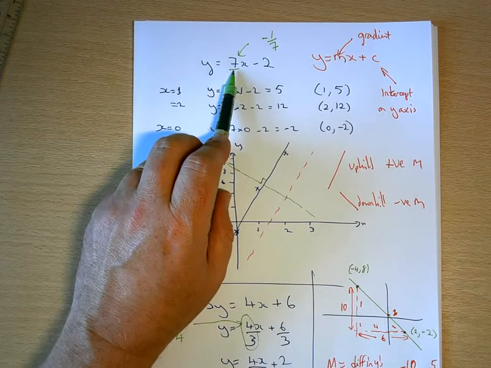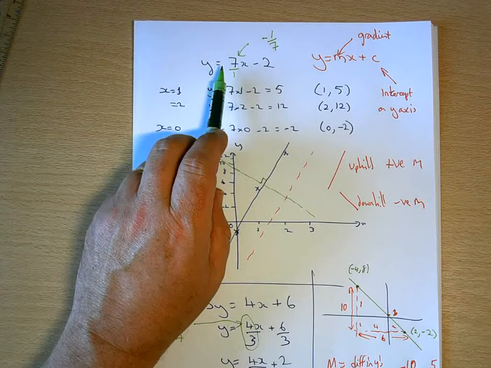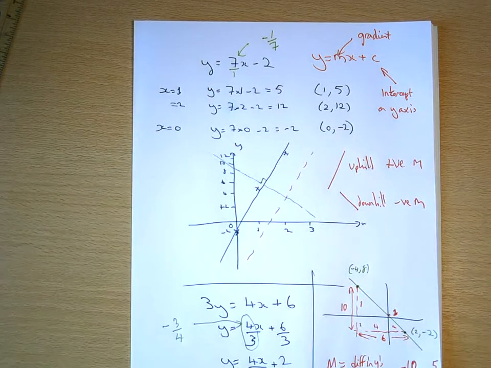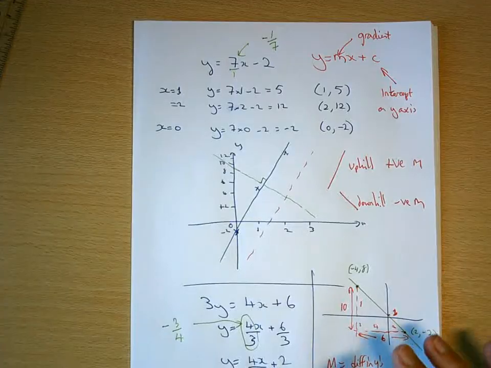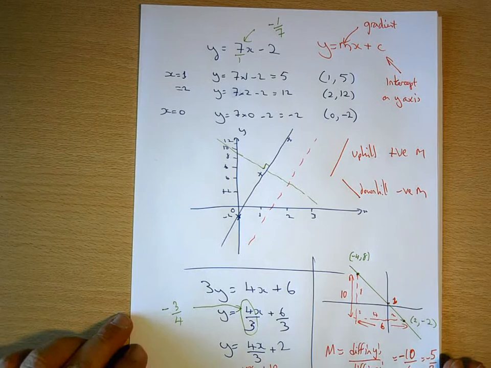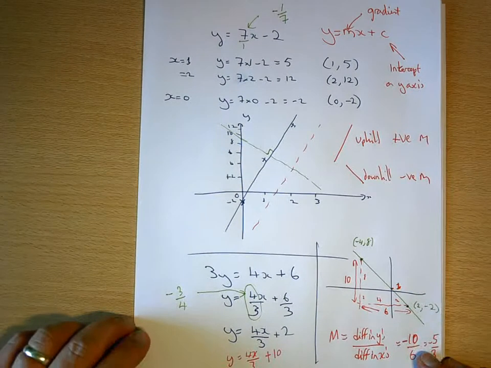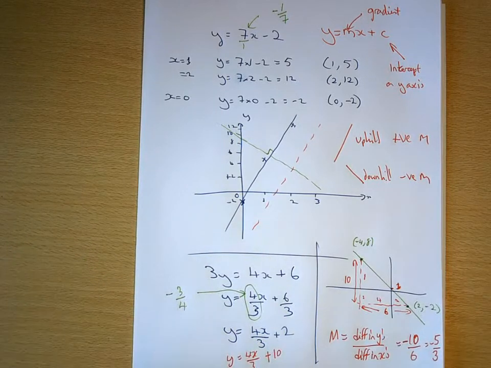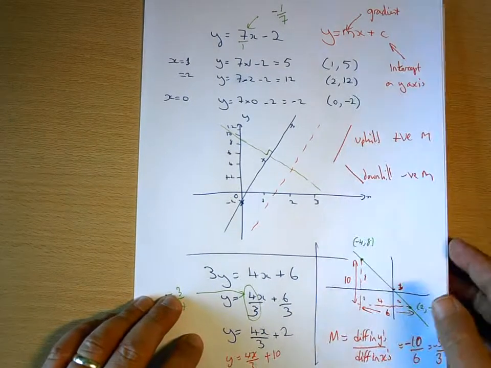Any line parallel to that will have the gradient 7. Any line perpendicular to it will have the gradient minus 1 over 7. So there's quite a lot to remember with this, and as I said, if you're wobbly with your algebra, then I really wouldn't bother going through this until your algebra is well practiced and you're confident with it.